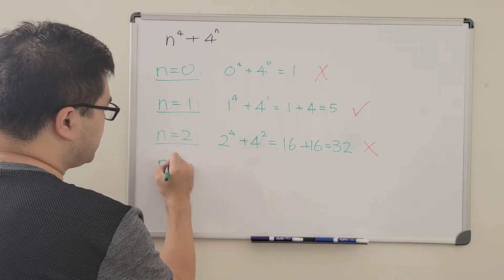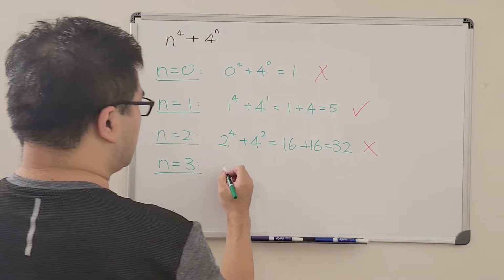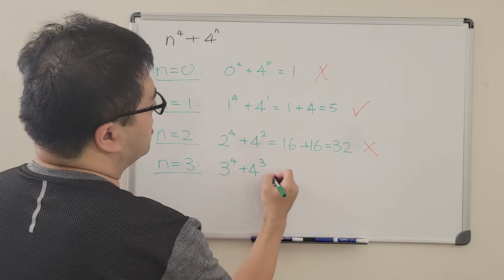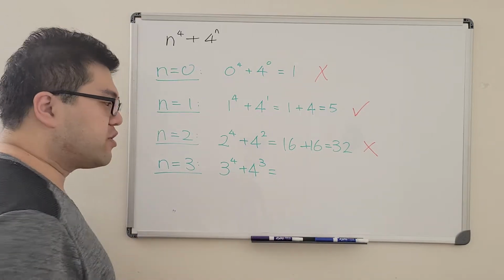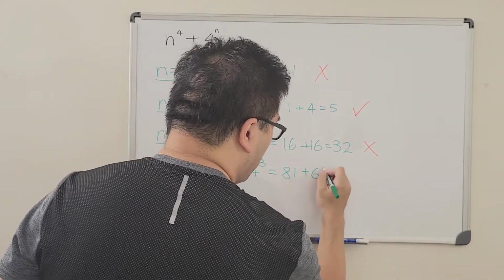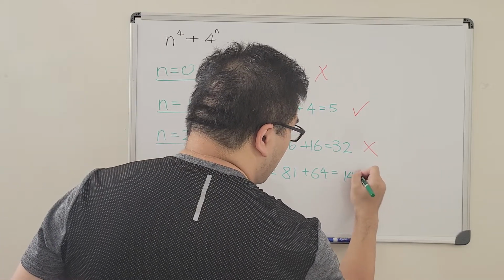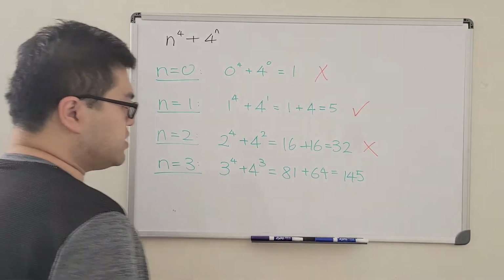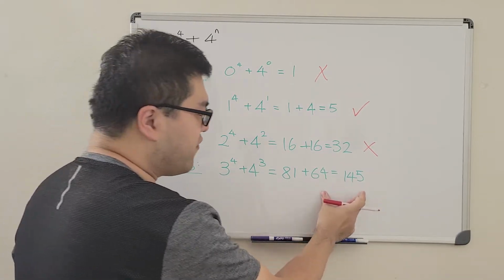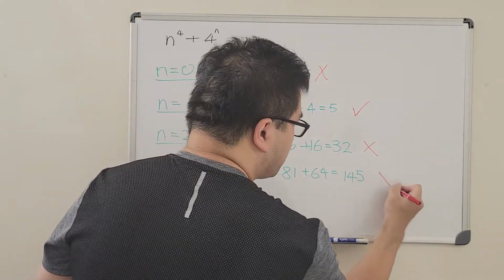How about n equals 3? We get 3 to the fourth power, which is 81, plus 4 cubed, which is 64. If we add them together, we get 145. And since it is a multiple of 5, ending with 5 but bigger than 5 itself, clearly 145 is also not a prime number.